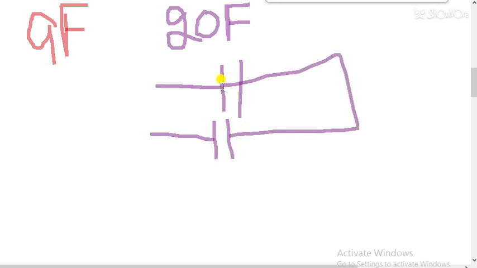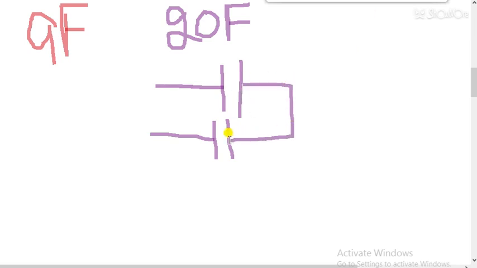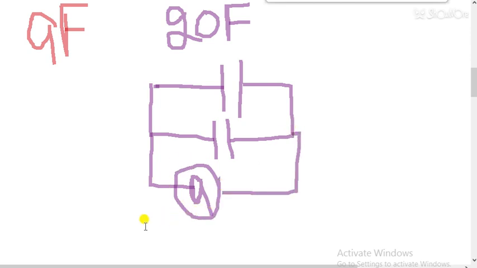Then I have no other option, because 9 I have already got, and to get 2, what I can do is connect here 9 capacitors in series so that I can get the value 1.